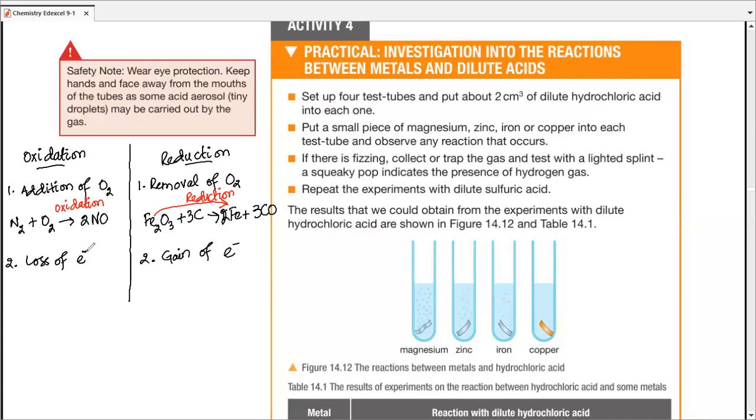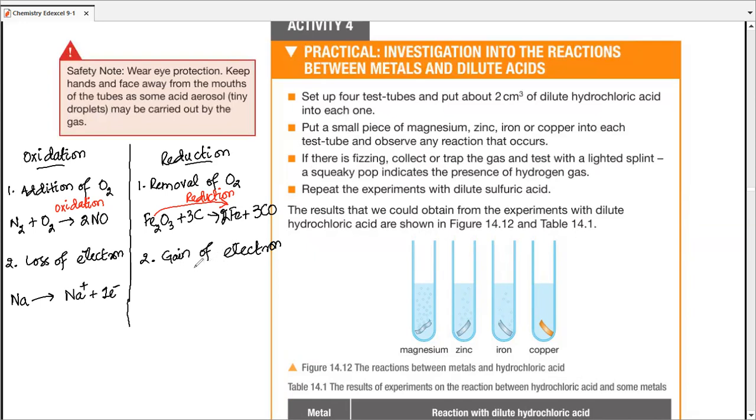I'm using e negative signs. If you don't want to use them, you can simply write the whole word electron on both sides, and this might make it easier for you to understand what we are talking about. Now, in this case, the explanations are pretty easy. Let's say sodium is a metal. It can be converted into a sodium ion by removing one electron, the exact same thing that happens in ionic bonding.